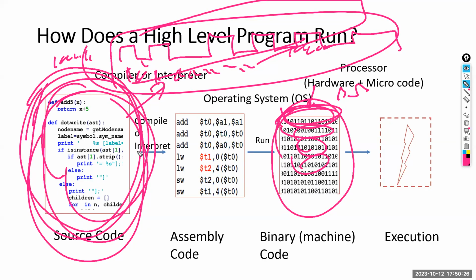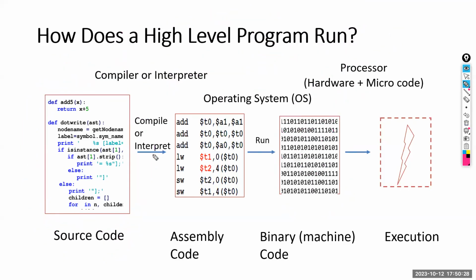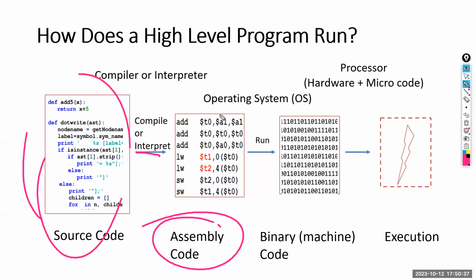So it will initially be converted to something called assembly code, which is lower level than your programming code, but still not ones and zeros. It has some English-like terms and is a little bit higher level. That is what happens when you do something called compile or interpret.